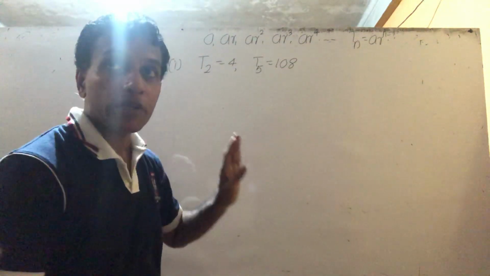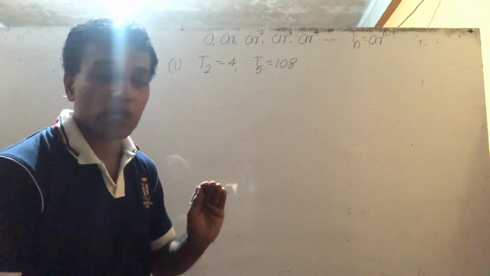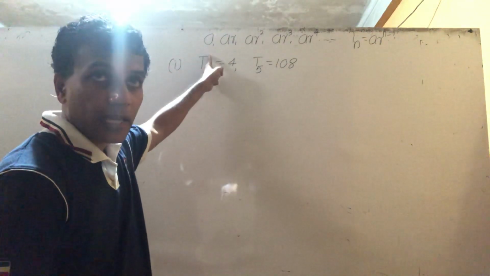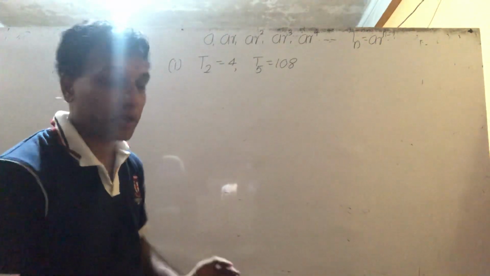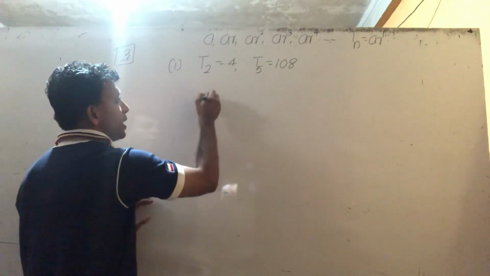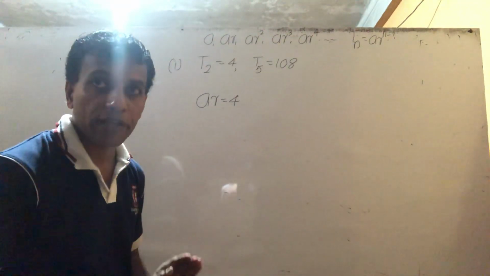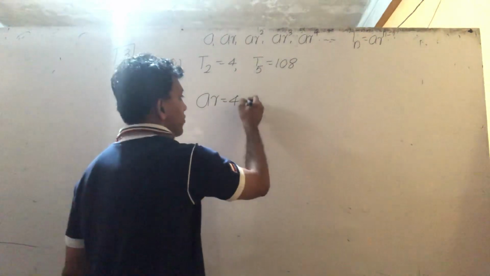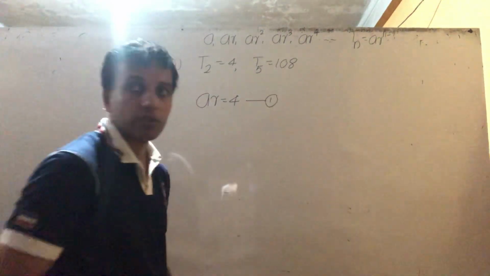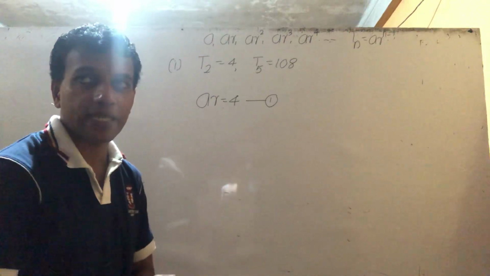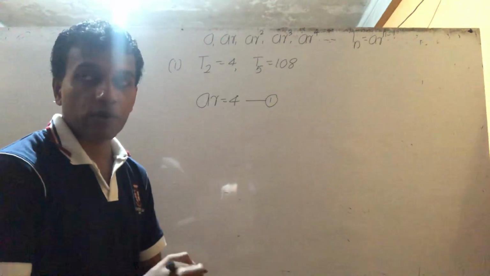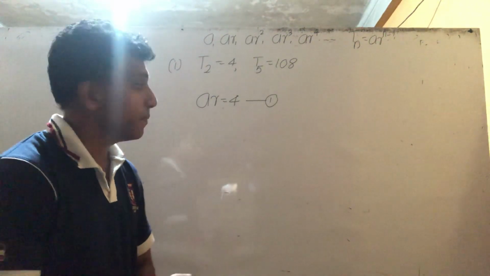The second term is 4. In a GP, the first term is a and the second term is ar. Therefore ar equals 4, the first equation. It's an interesting chapter, very easy, but an important big question in the O/L exam paper.